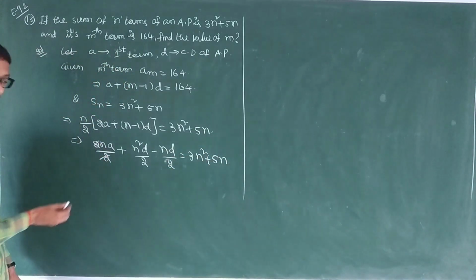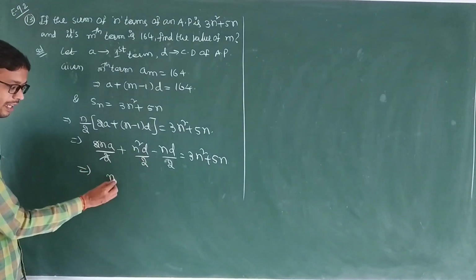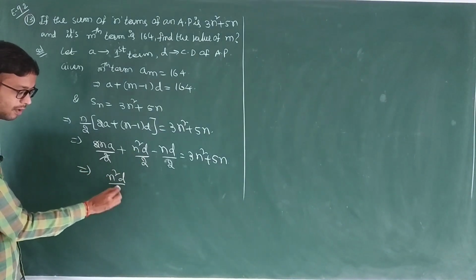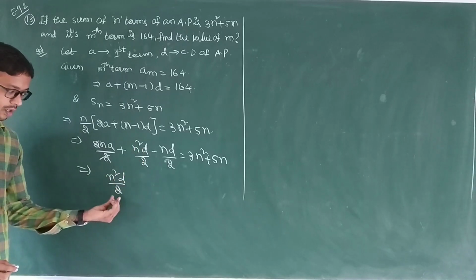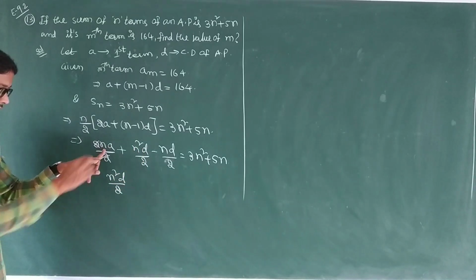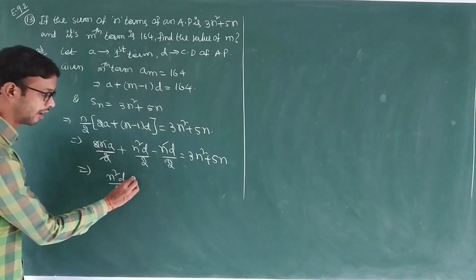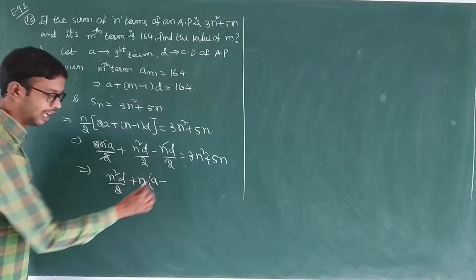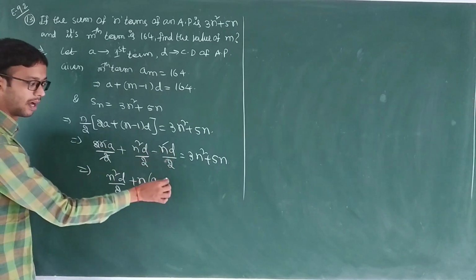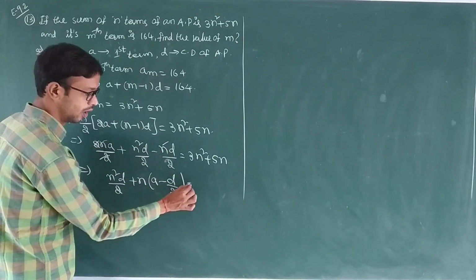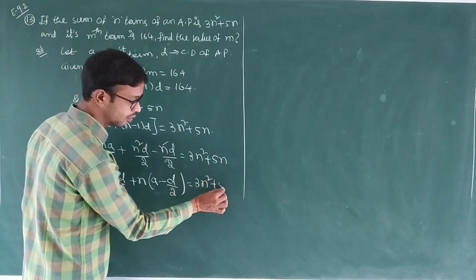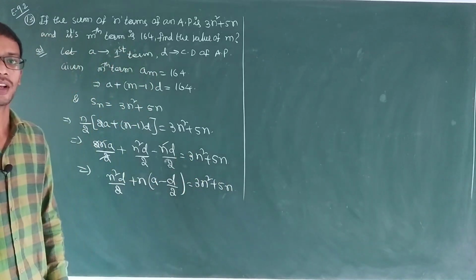Here 2 get cancelled. First I will write n² into d by 2. Here n is there, here also n is there. I will take the common n: n + n into (a − d by 2) is equal to 3n² + 5n.